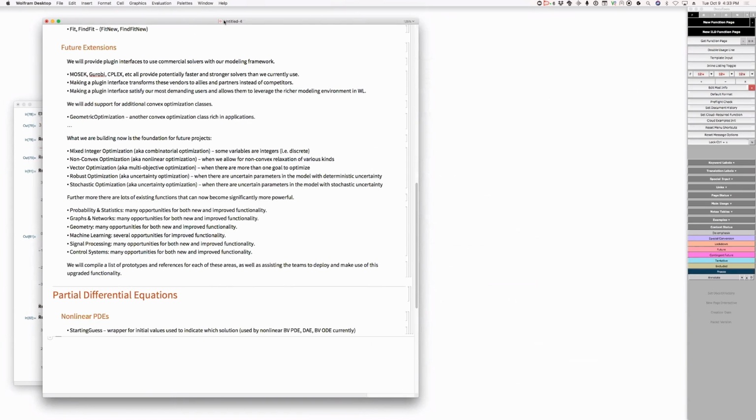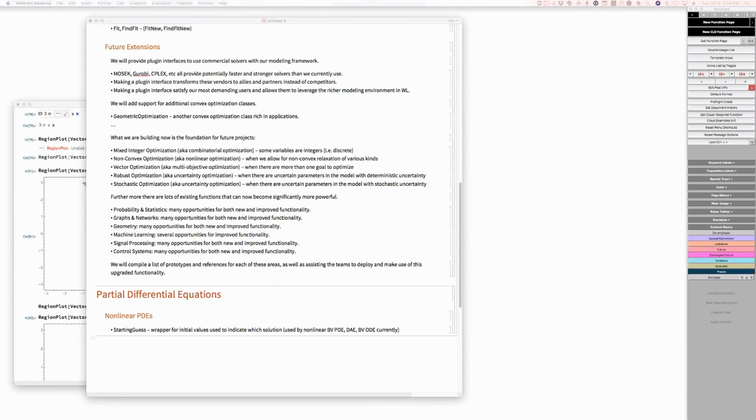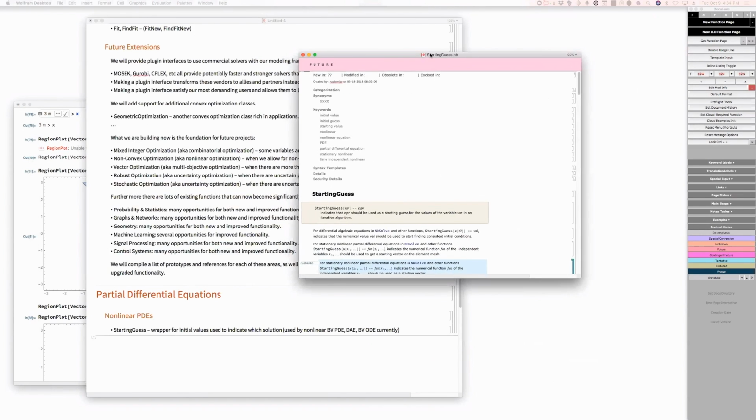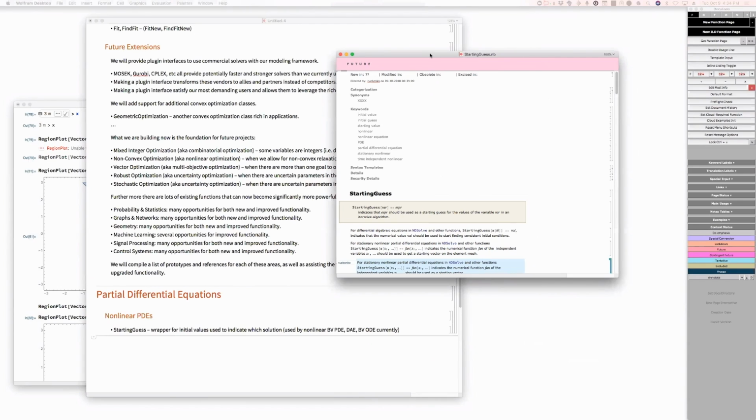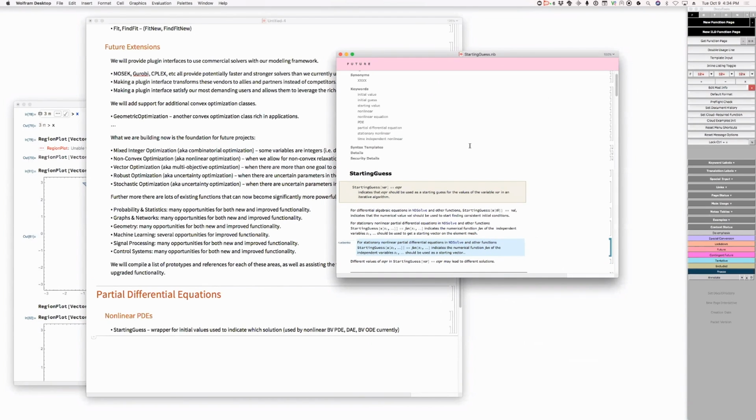That's impressive. Okay. And one symbol that we need to introduce is a starting guess. It came up in this project that when you have nonlinear PDEs and you specify boundary problems, it's not necessarily a unique solution. There are multiple possible solutions.